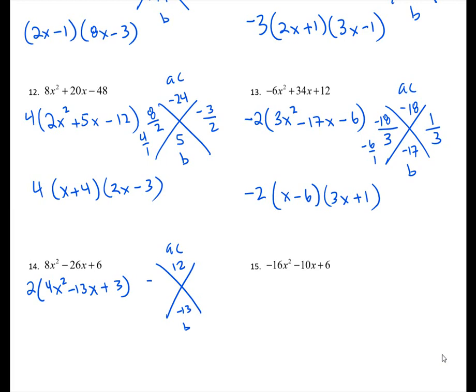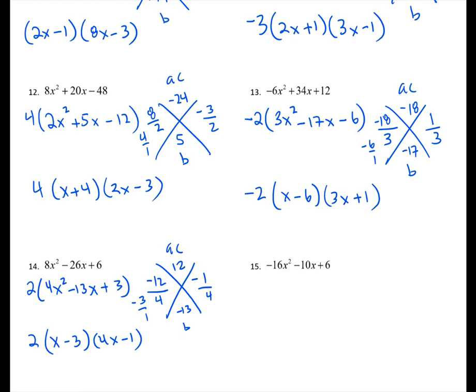So it looks like negative 12 and negative 1 are my numbers. I divide by a, which is 4. I can reduce the negative 12 over 4. That reduces to negative 3 over 1. So my factors will be x minus 3, 4x minus 1.